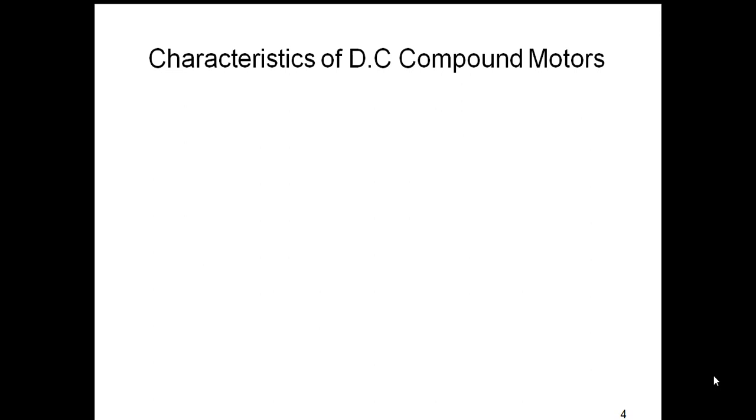Now let us learn about the characteristics of DC compound motors. We already know that these DC compound motors are of two types.